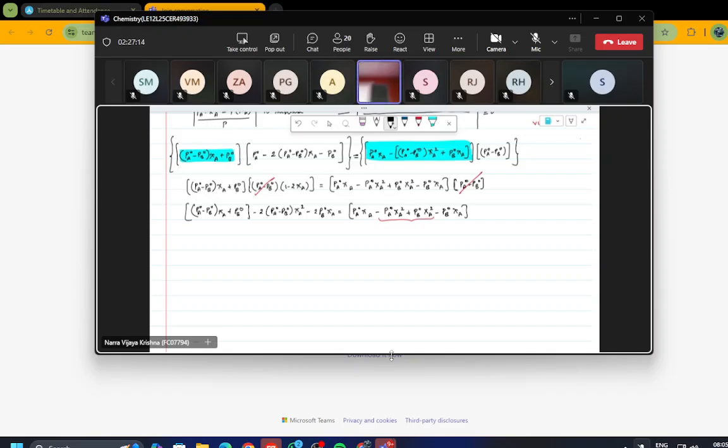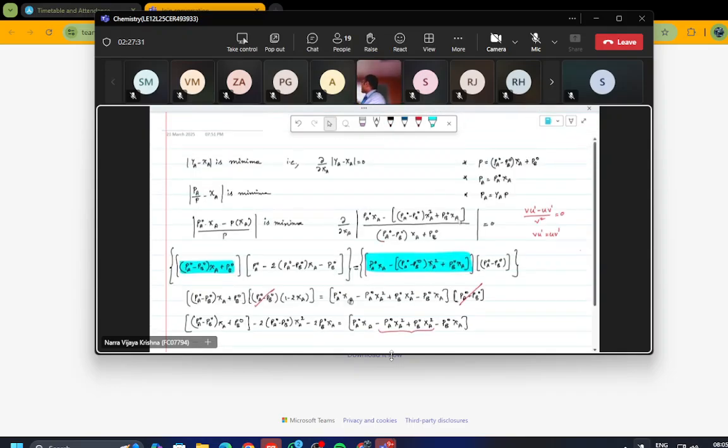If I plot it the other way, the given equation itself gets reversed. Instead of PA naught and PB naught, I need to exchange them. If I write it with respect to YA, I will write this equation as PB naught into XB minus PB naught minus PA naught into XB square plus PA naught into XB.